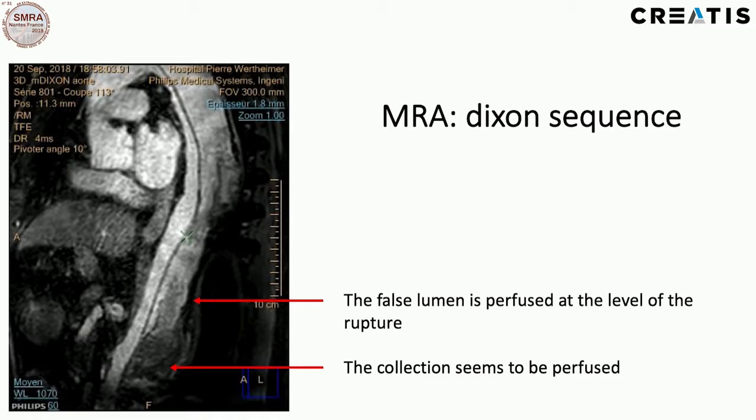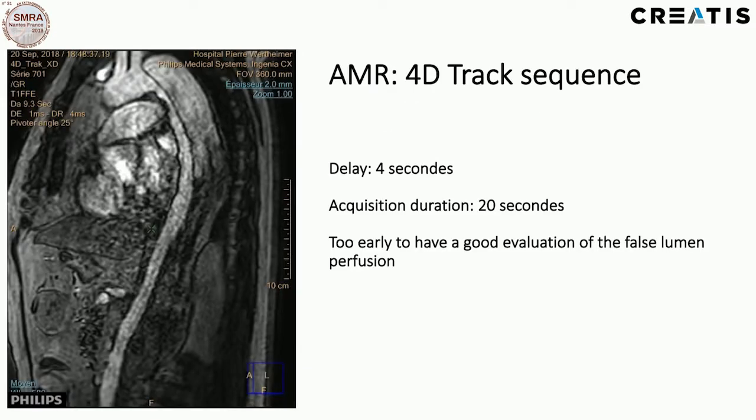We performed 2 sequences, 4D flow first, and after the Dixon. It was not a very good result for us, the 4D flow. And why is it not a good result? The VENC is too short. Daily we use 4 seconds, but we chose like that 4 seconds.